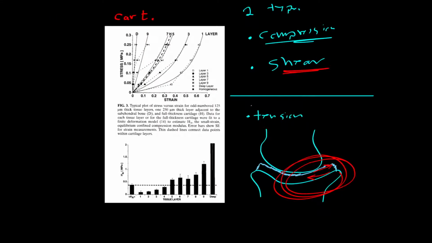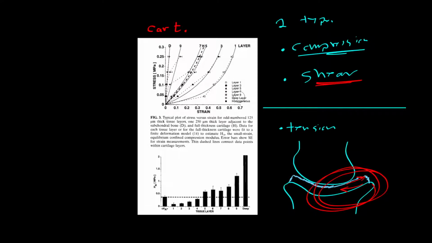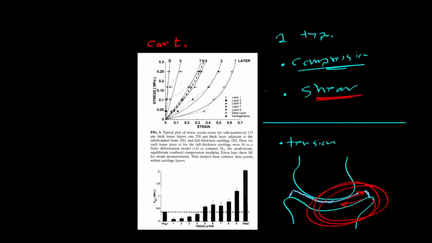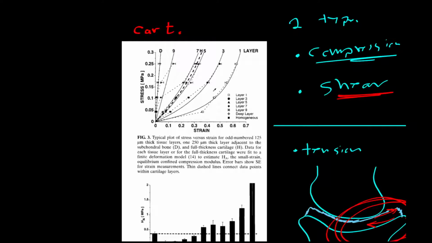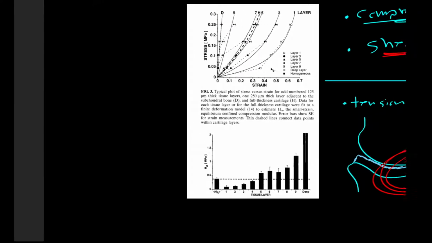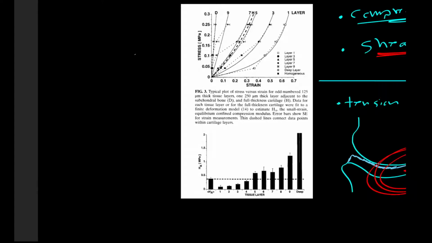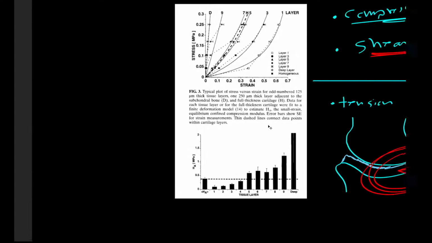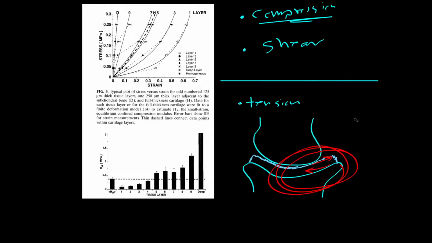So that's something to be aware of, but what I really want to focus on in this video is what happens to the compressive strength of cartilage when you load it. I said cartilage has this complex three-dimensional structure, which it does. Let's maybe continue with this example.